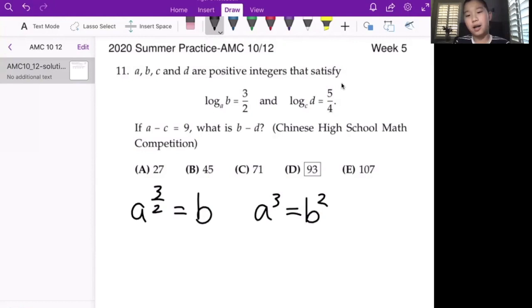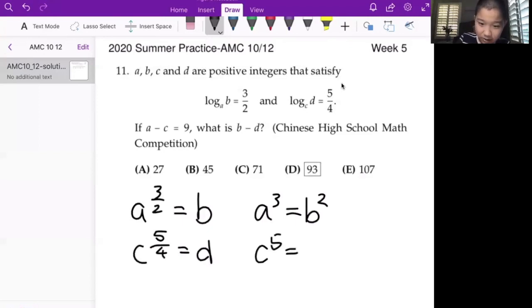And then log base C of D basically means C to the 5/4 is equal to D, or if you take the 4th power of both sides, you get C to the 5th equals D to the 4th.